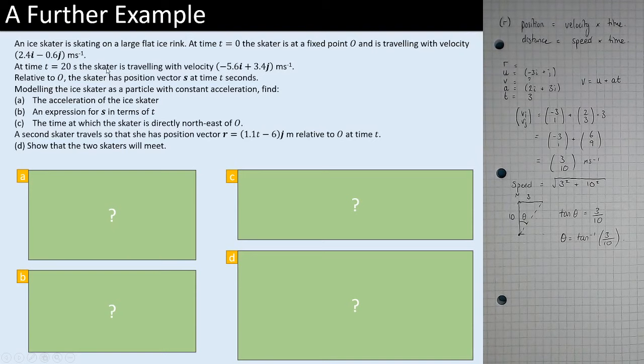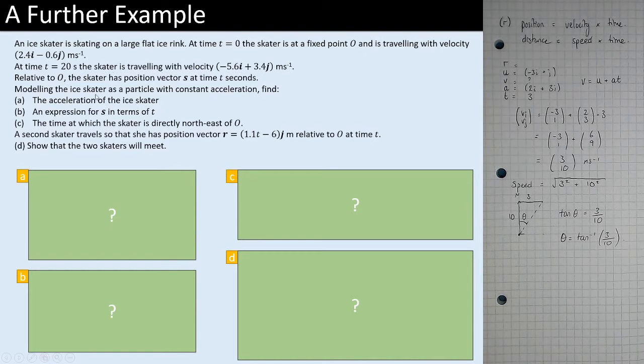At a time of 20 seconds, the skater is traveling with a final velocity here. Relative to the origin point, the skater has a position vector s at a time t seconds. So this is slightly different here.